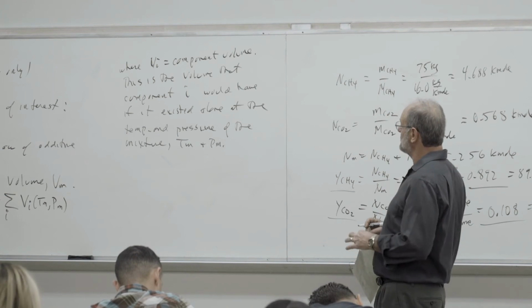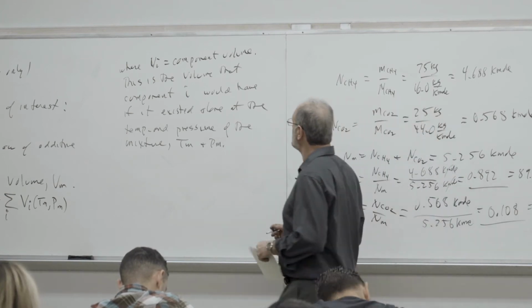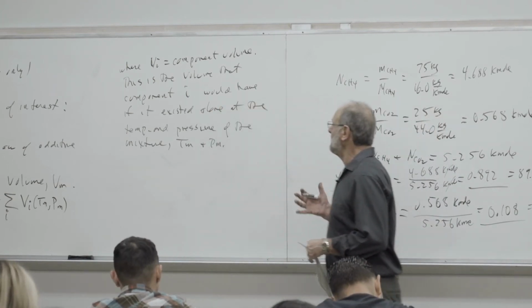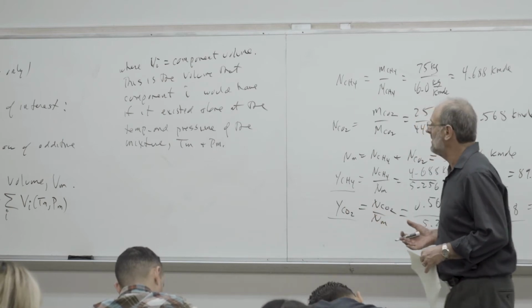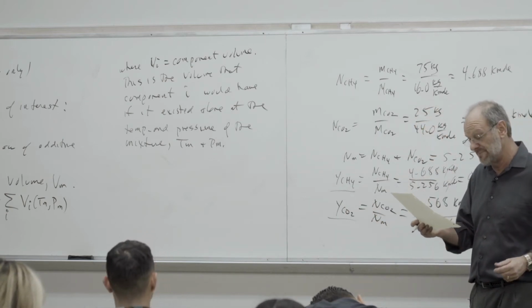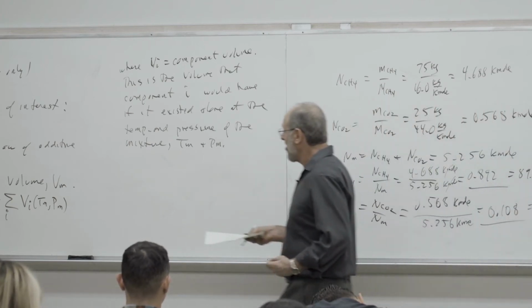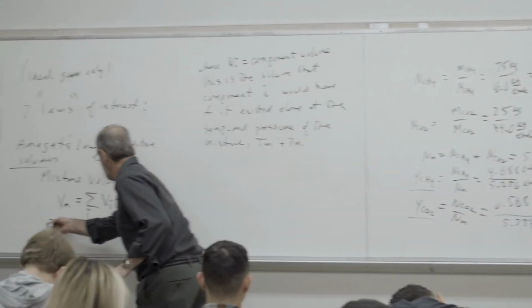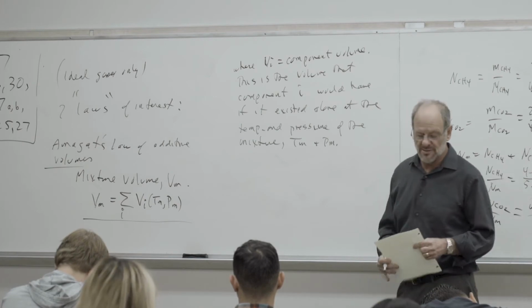So the mixture volume is the sum of the component volumes, and the component volume is the volume that that gas would have if it existed alone at the same temperature and pressure as the entire mixture. Okay, this is just simply something that we find, and there's the basic equation.